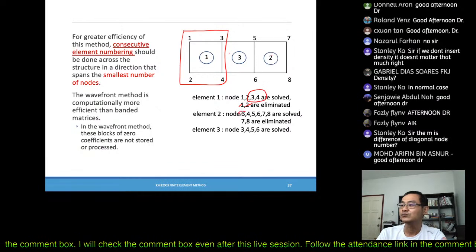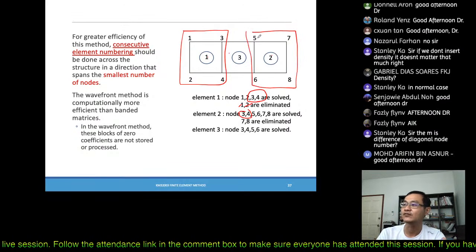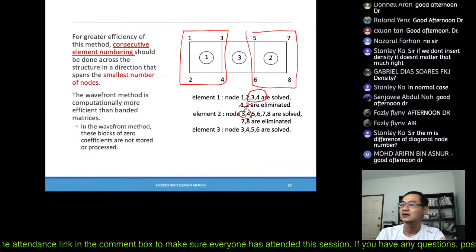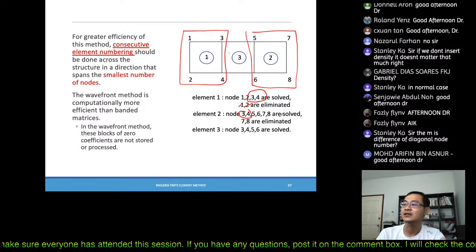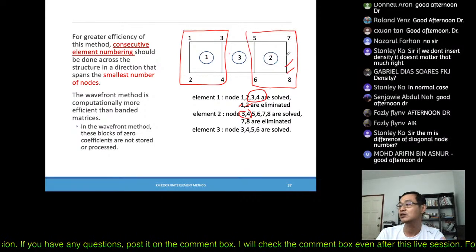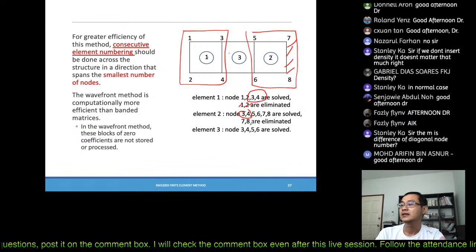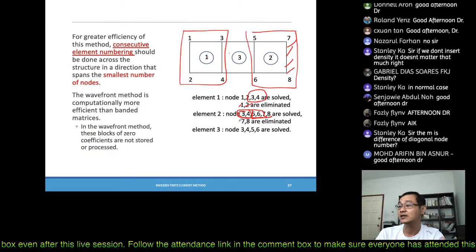So 3 and 4 will bring to our second element, which is here. The second element has 5, 6, 7, 8, plus the 3, 4 previously, and they cannot be solved. Only 7 and 8 may be able to be solved because of the boundary over here. Then leaving 3, 4, 5, 6 for this next part.